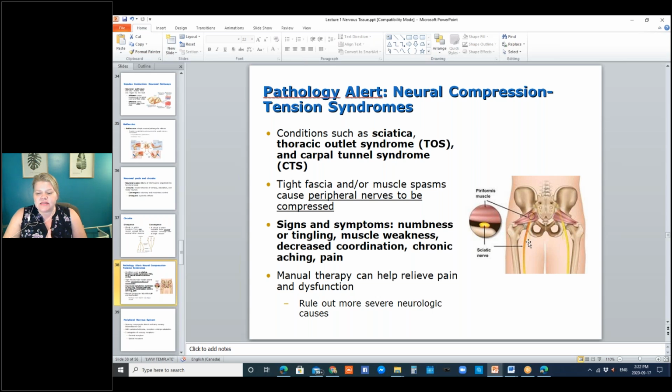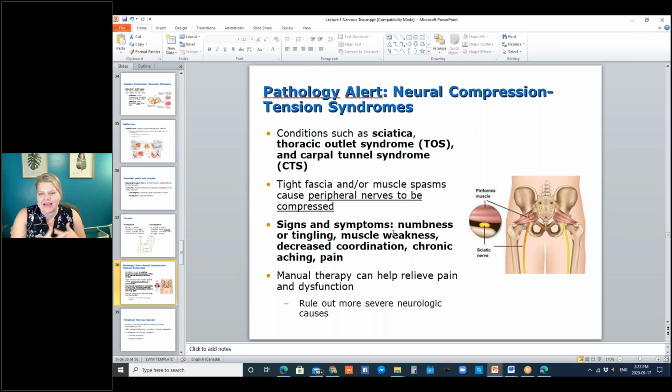And then signs and symptoms of neural compression involve numbness, tingling, so like a pins and needles feeling, and muscle weakness. If it's happening in their hands or arms, people will tend to drop things or feel numb in their fingertips. They can't feel things properly, so there's not accurate coordination between the muscles and the nervous system.